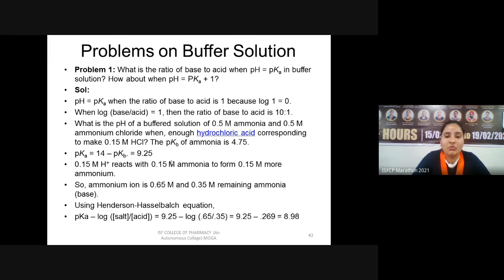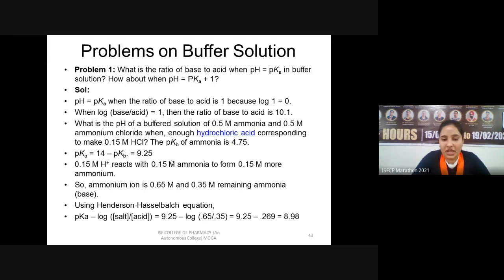From that we will calculate the value of pKa, that is 14 minus pKb. Then we know that 0.15 molar H positive ion reacts with 0.15 molar ammonia to form the ammonium salt. So the remaining ammonium ion is 0.65 molar, and the remaining ammonia base is 0.35 molar.